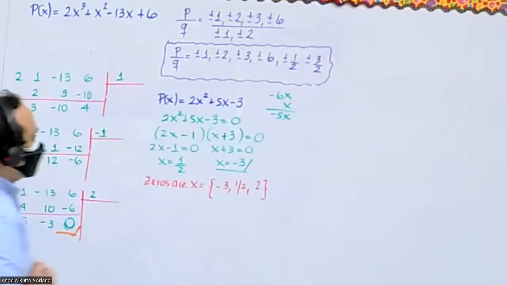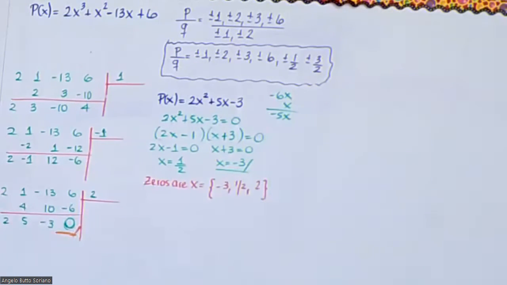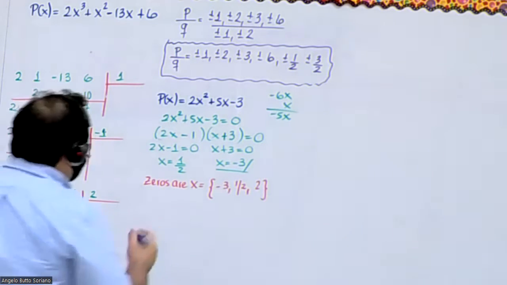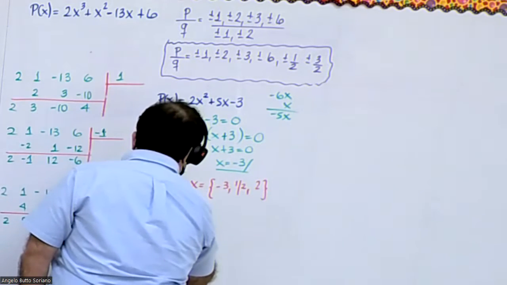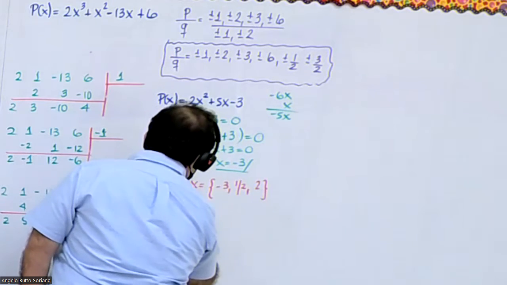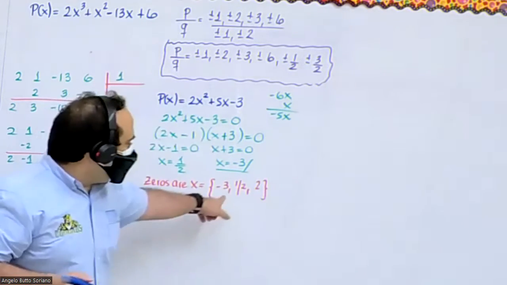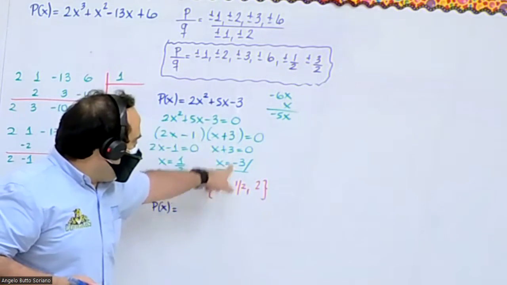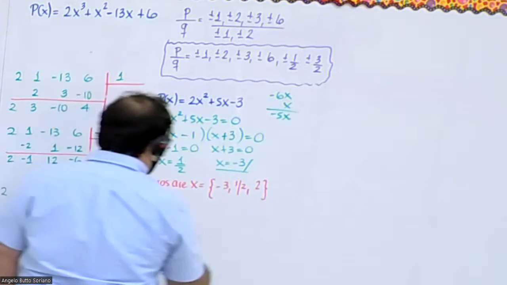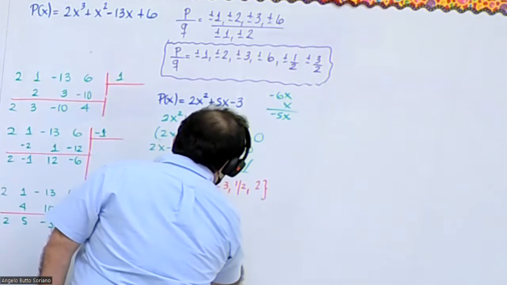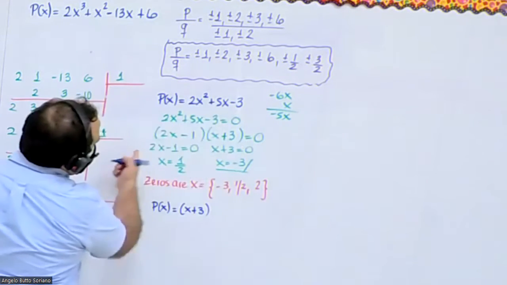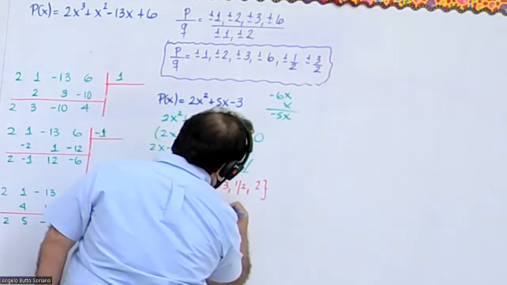We have the 3 zeros. And the polynomial P(x) in factor form will be given by, let's arrange from the smaller one to the bigger one. Remember, -3 was x plus 3. This positive 1/2 was 2x minus 1.